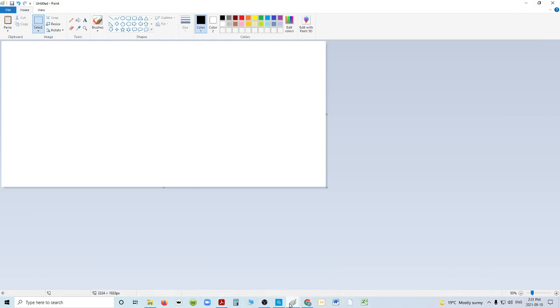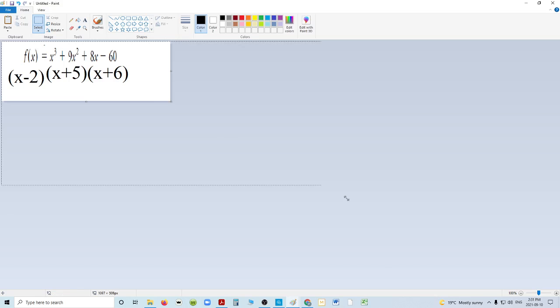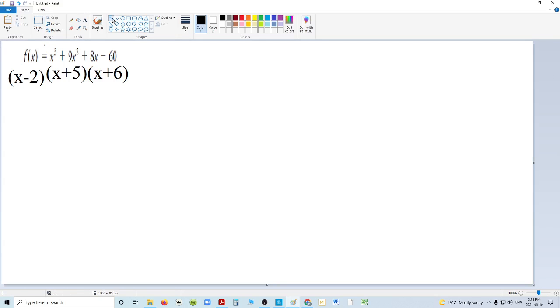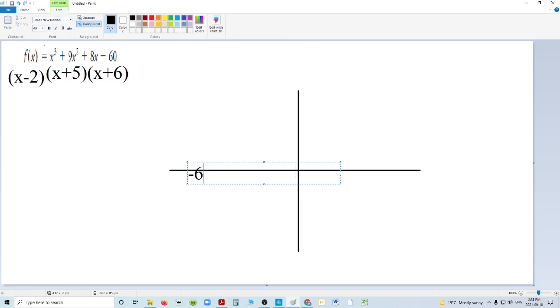Great. Last one. Last one is this one. It's a cubic. Pretty straightforward. Actually, I'll just use this. Because it's a cubic and a positive leading coefficient, it's going to start here and end there. And the points it goes through here are minus 6, 0, minus 5, 0.